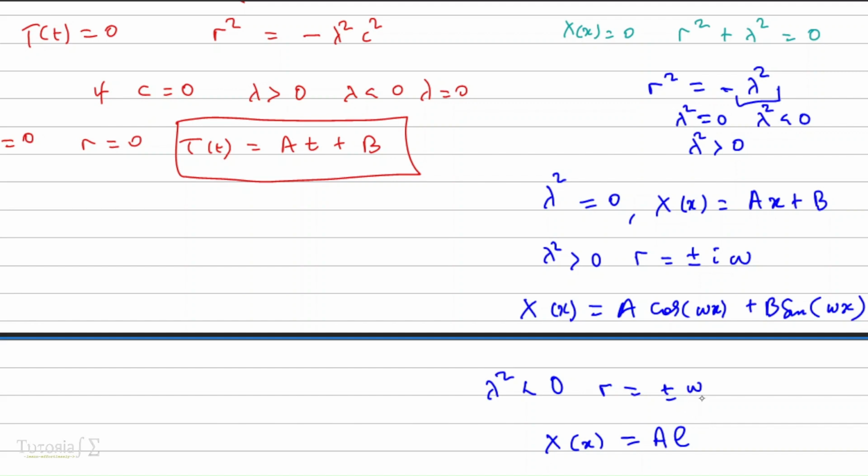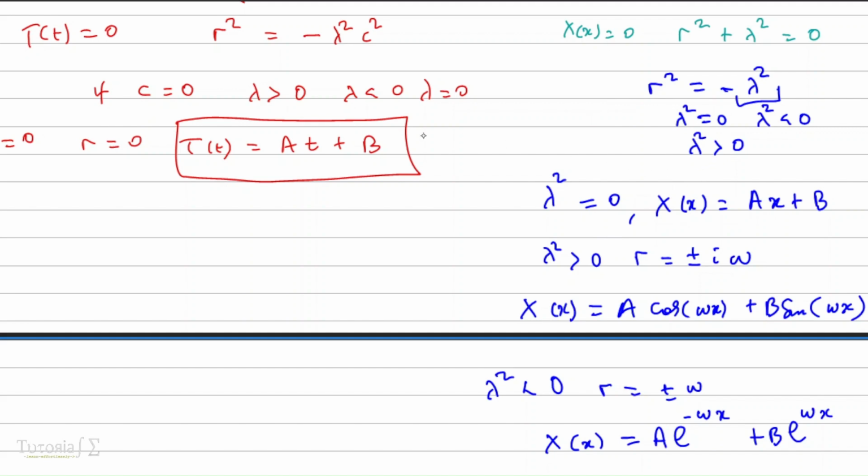So we can put the values of r: a e to the negative wx plus b e to the positive wx. So this gives us all the values of X for different conditions.